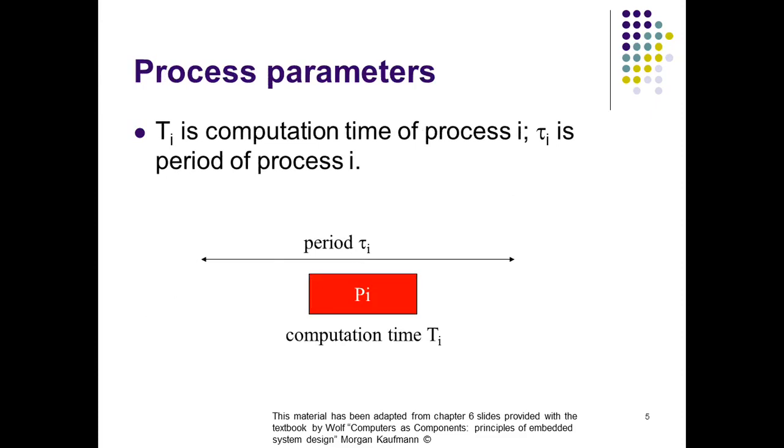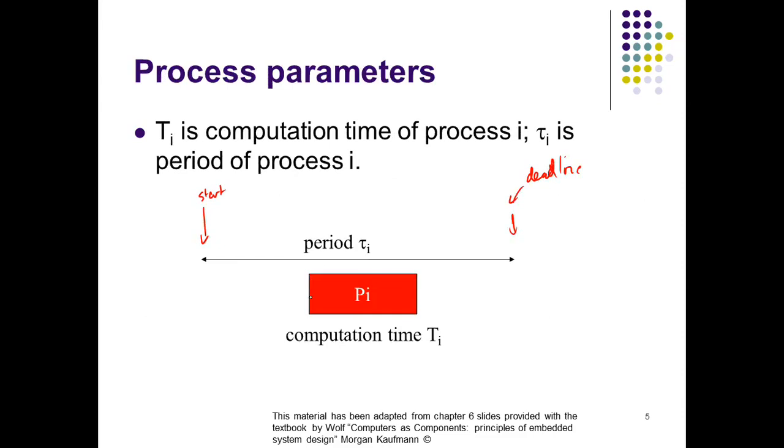We are thinking of processes that have basically a start time and a finish time. So this is the deadline, and we have a period, and the process can run at any point over this period. How long does the process need over the course of this period to do its computation?